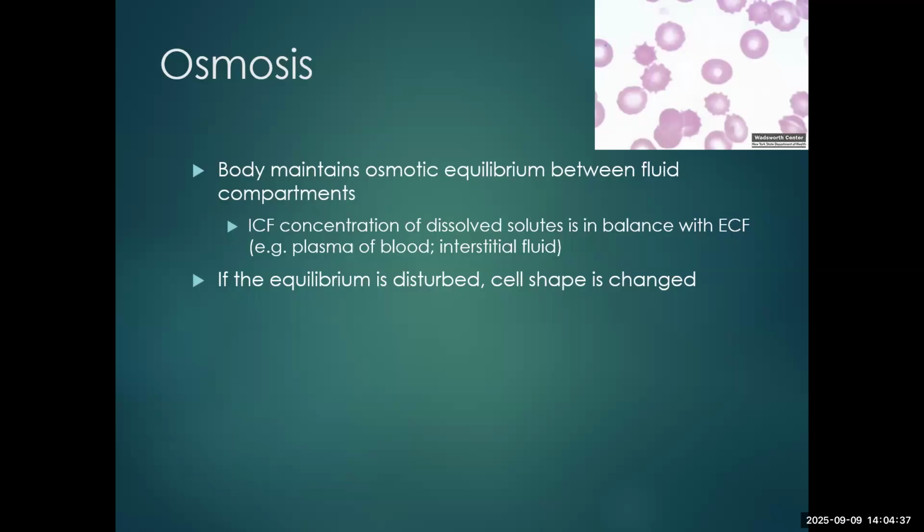Which of these has more, the cell or the IV solution? Which has more solutes? Which has a higher solute concentration? It's 5%, so this is 5.0. So this is like $5 and this is like 9 cents.